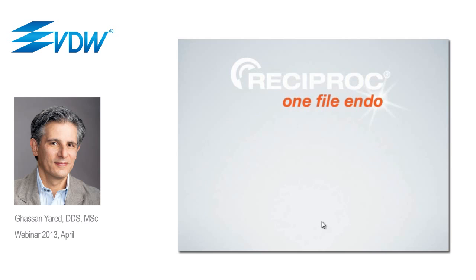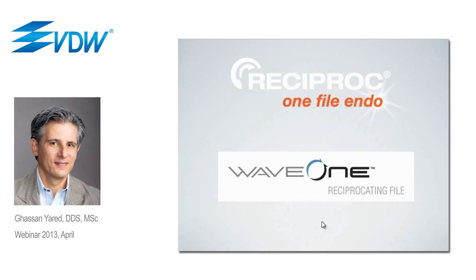And this is when I started working with Dentsply on instruments for single file reciprocation. And then we developed with Dentsply the Reciproc instrument and the WaveOne instrument. Both instruments are from Dentsply, and they are both single file reciprocating instruments.